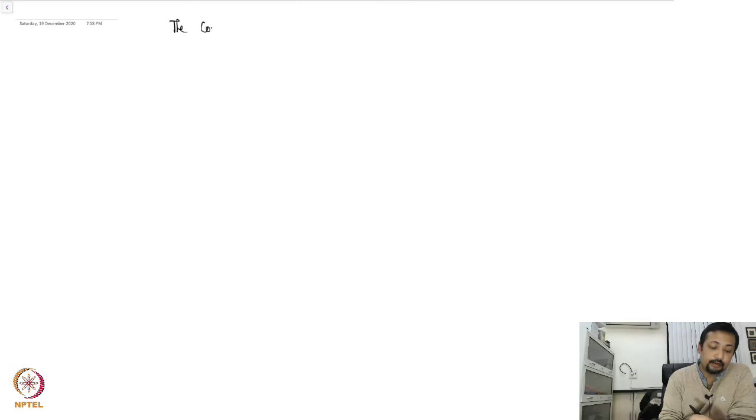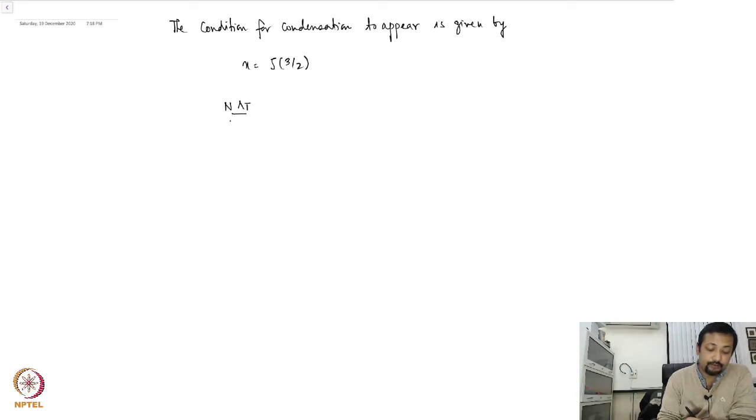The condition for condensation to appear is given by x equal to zeta 3/2, which is n lambda t over gv equal to zeta of 3/2.